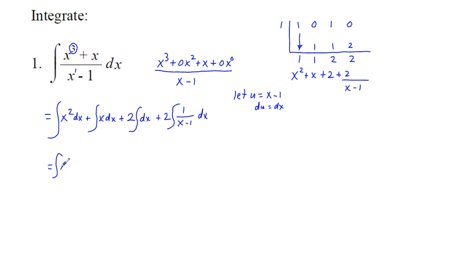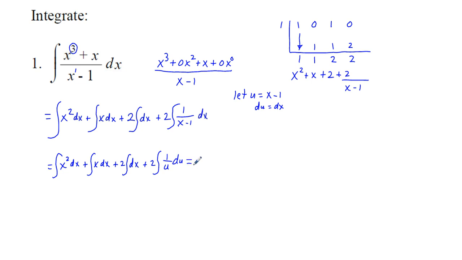We'll have the integral of x squared dx plus the integral of x dx plus 2 times the integral of dx plus 2 times the integral of 1 over u du. That's what we do to replace this thing.